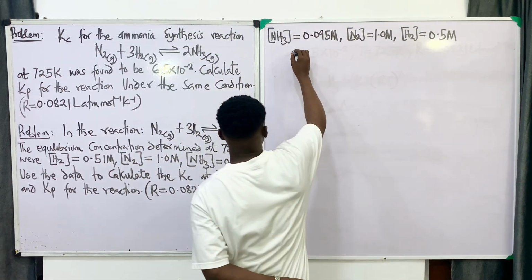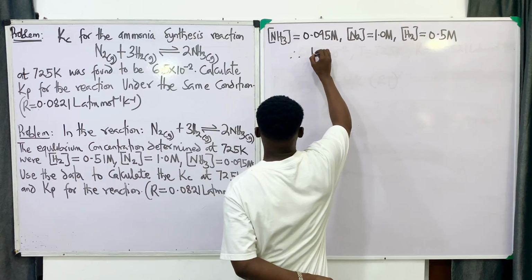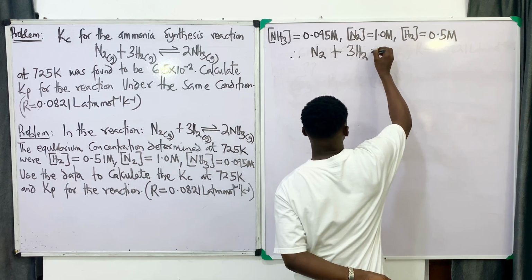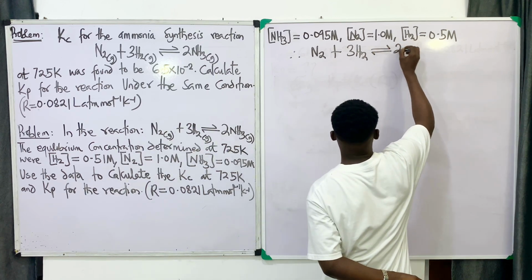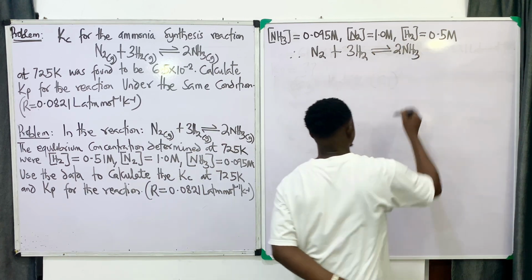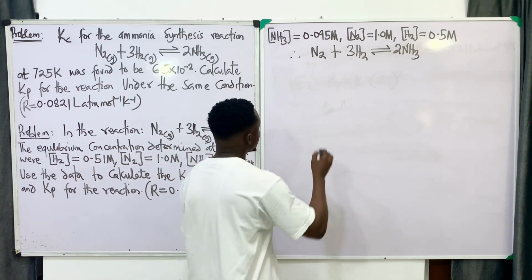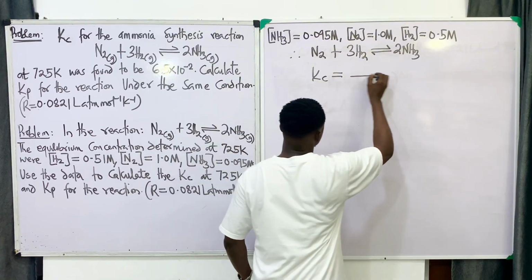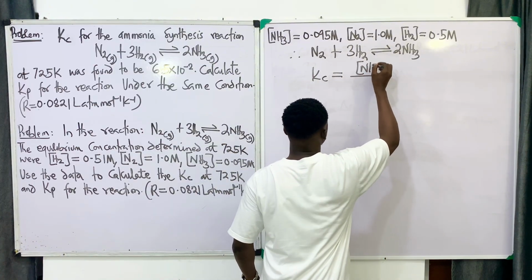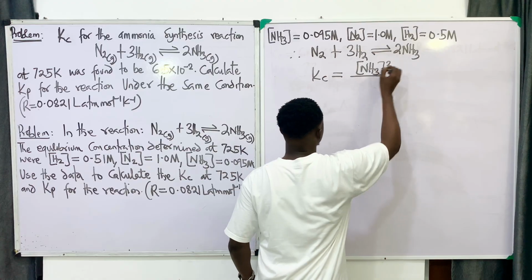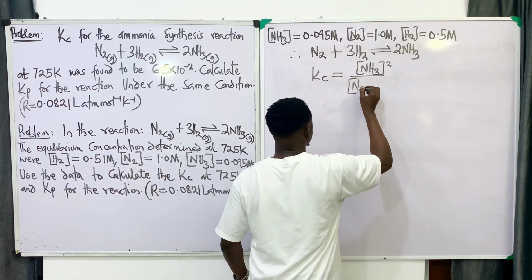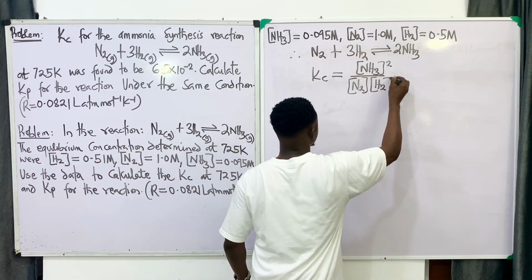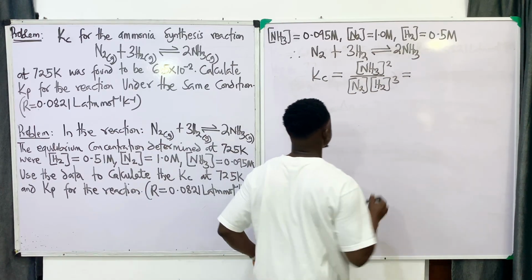Now the reaction is N2 plus 3H2 giving us 2NH3. So you write the expression for this: Kc is equal to the concentration of NH3 raised to the power of 2, over N2 raised to the power of 1, times H2 raised to the power of 3.